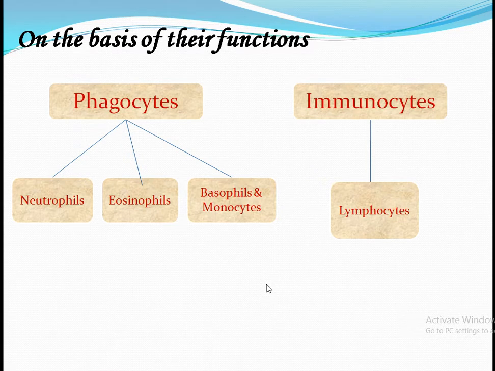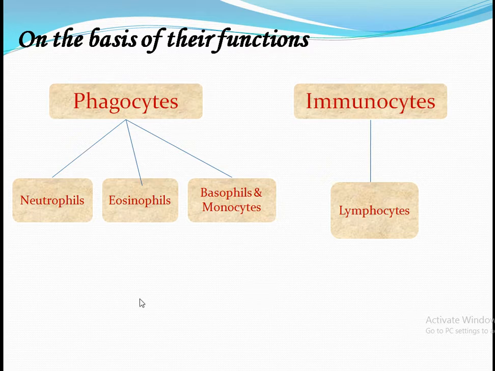The third way through which you can classify the WBC is on the basis of their function. Some cells are able to phagocytose the invading agent, while some are very much specific for immune function.